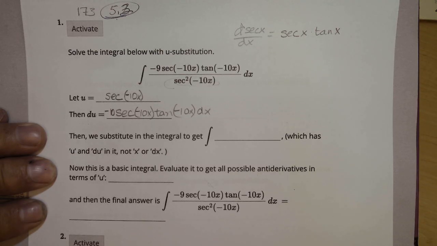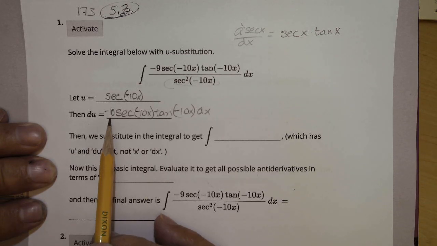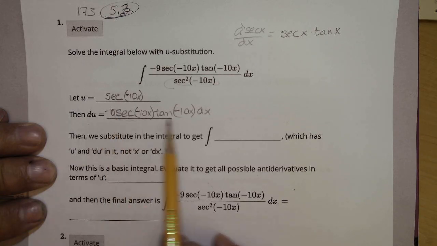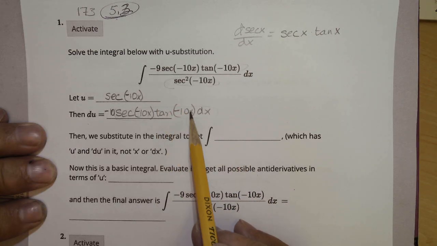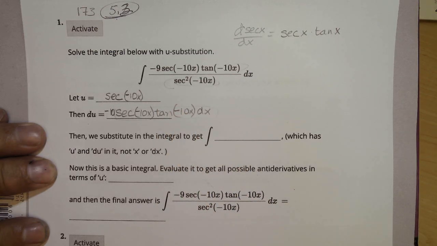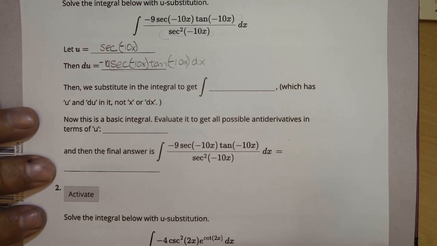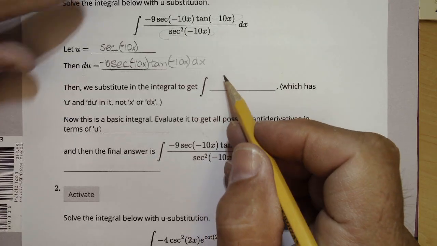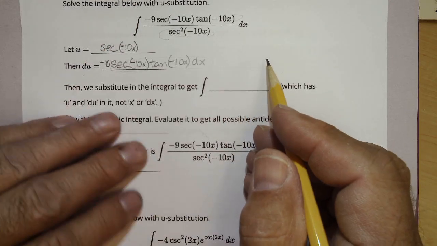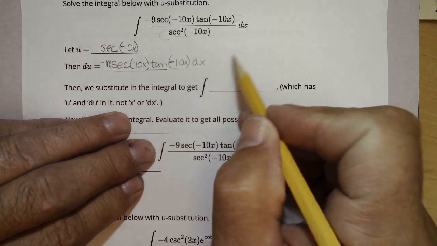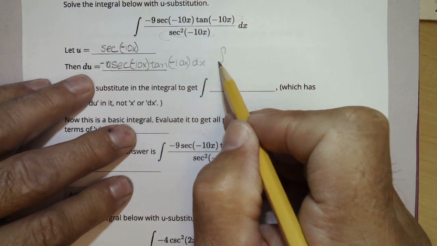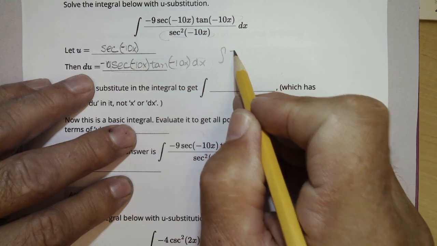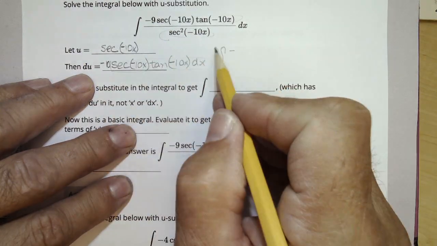Okay? All of this pretty much looks like this other than the minus 10x, but no, that's right. So I'm going to substitute here. The book does it slightly different than the way I teach it. So I'm going to write down here, we've got the integral of negative 9, which we could pull out.